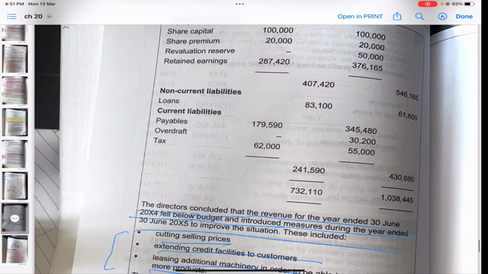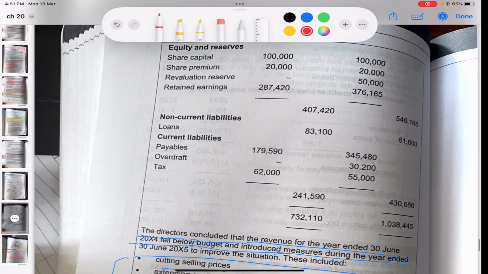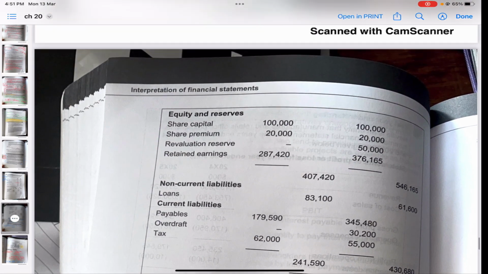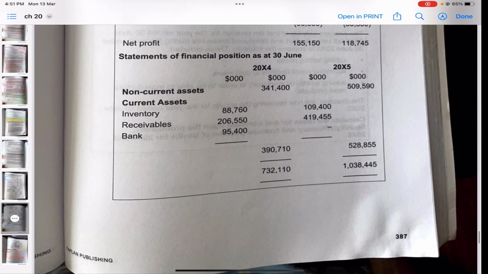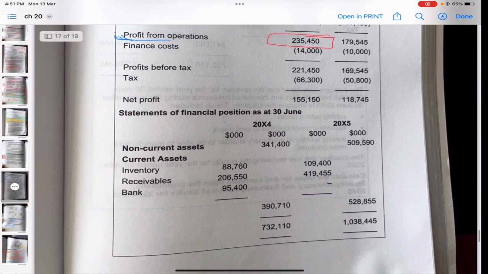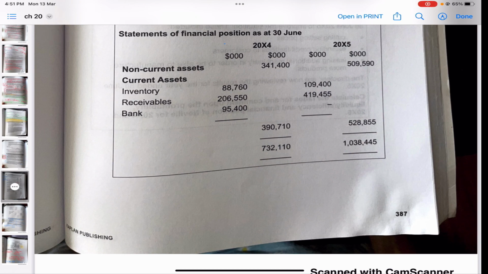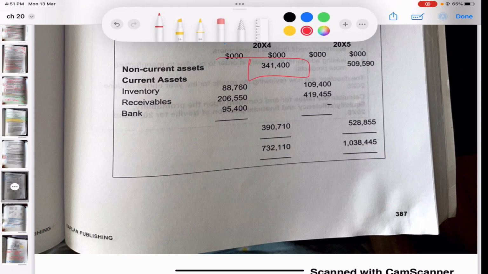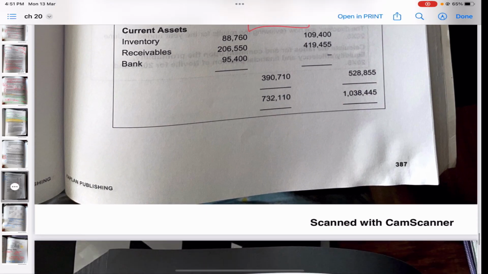How are you going to find the net assets? Non-current asset value is given.